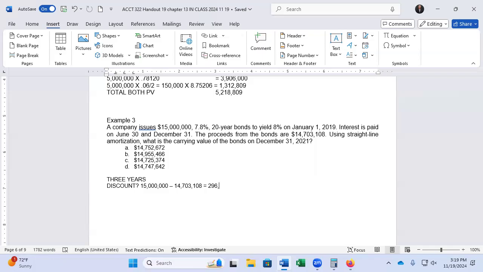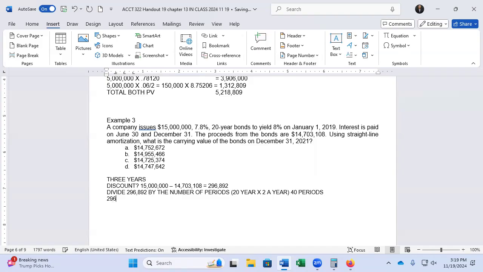I'll find it in a second. 892. So now you divide 296,892 by the number of periods. And so here we have 20 years times 2 times a year. And so that's 40 periods.